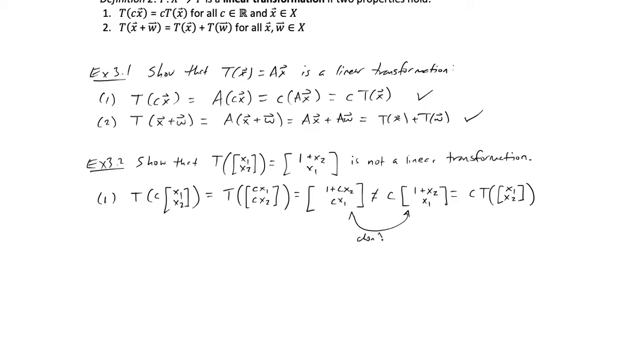And because of that, it can't be linear because it's not satisfying that condition that those things must be equal. So not all transformations, this is a transformation, but not all transformations are linear. So even though this is a transformation, it has a formula, it's going from one set to another set, it's not a linear transformation.